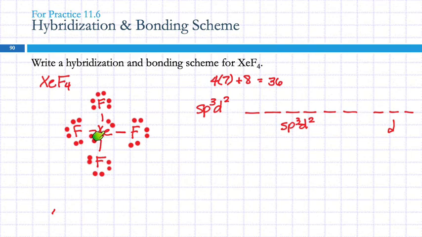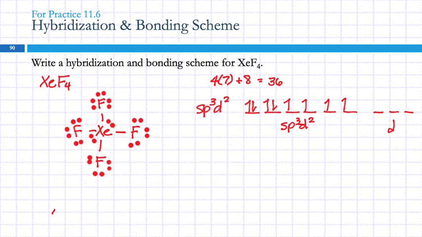Then I'm going to think about, well, xenon has 8 valence electrons, right? So let's put those in. 1, 2, 3, 4, 5, 6, 7, 8. The fact that I see 2 lone pairs on here keeps me from putting those 2 electrons over in the d orbitals. We're never going to have those over there. So these are my lone pairs, and these are the 4 bonds.